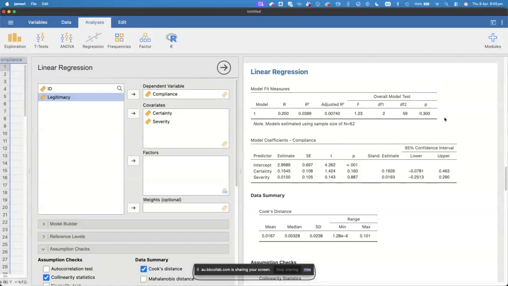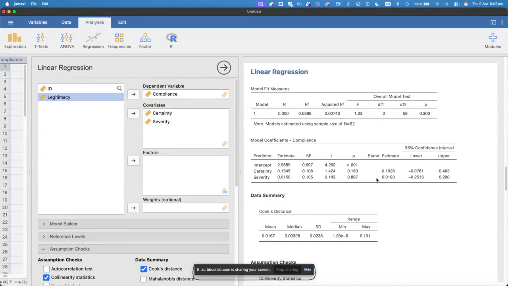So in fact, what this is saying is our model is useless. It doesn't predict the variance in the data any better than using just the mean of compliance. If I took the average compliance, that would be a line that fits the data points better than this fancy model.